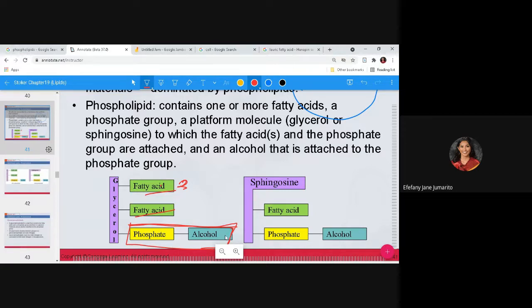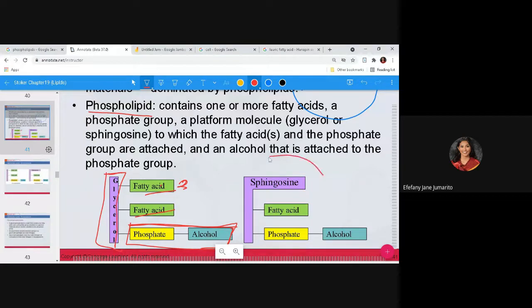Okay, so that is a phospholipid. This molecule is a glycerophospholipid because of your backbone. The backbone is glycerol, just like your triacylglycerol. So we call this a glycerophospholipid.